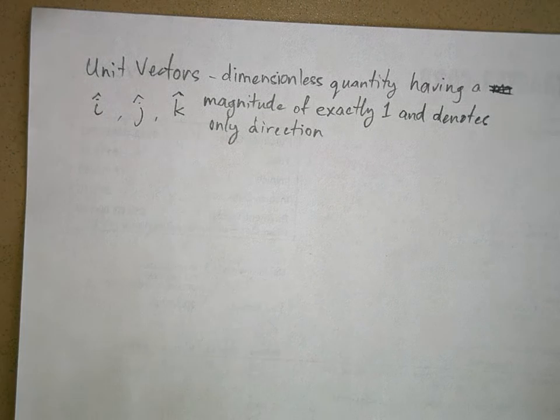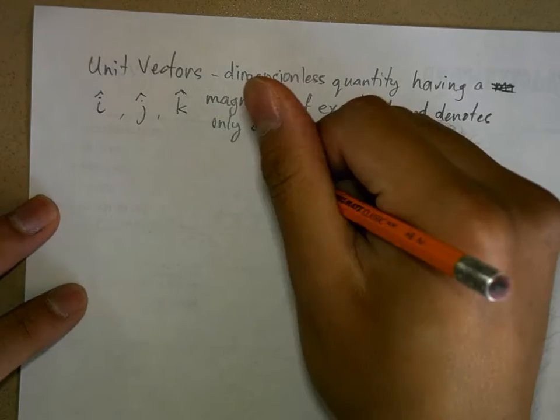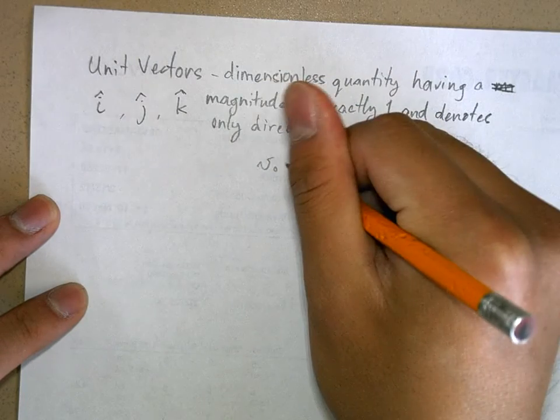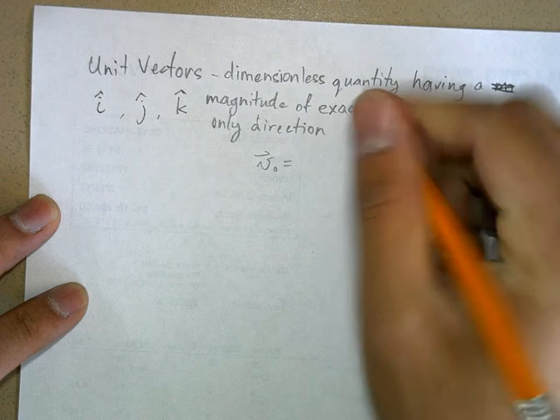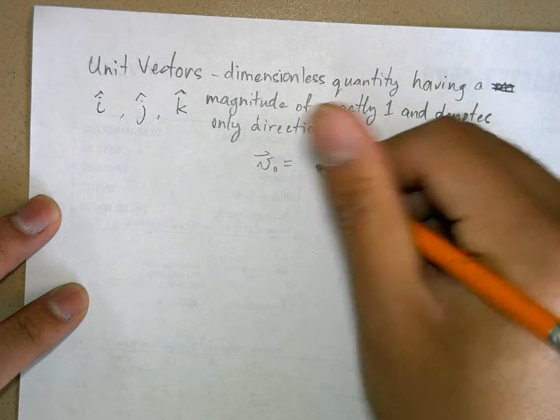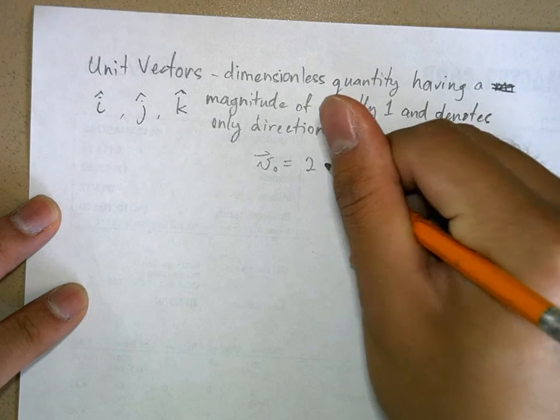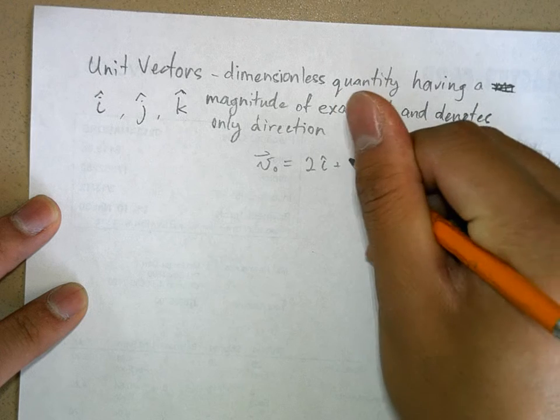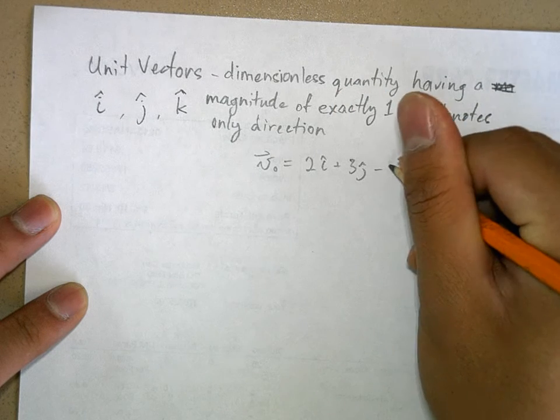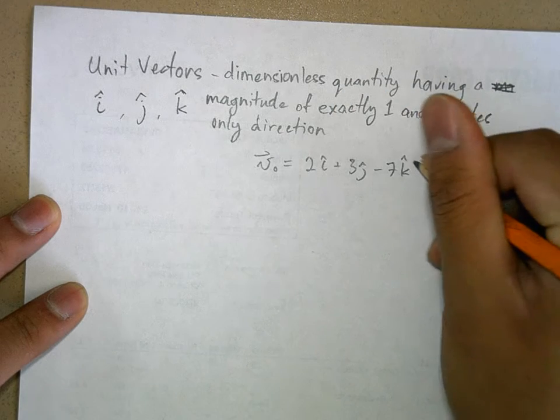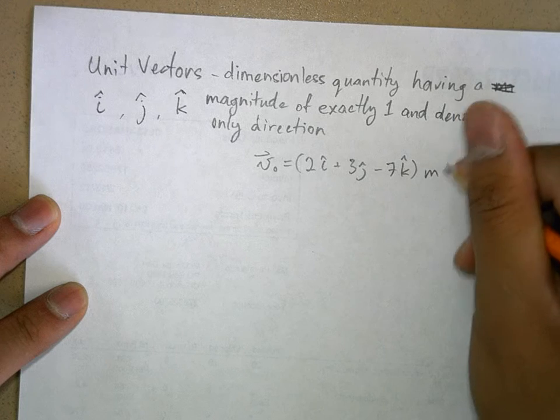So for example, let me just jump ahead so you see what I'm saying. I can say like, okay, v naught, or the initial velocity, which is a vector, equals 2 in the i hat plus 3 in the j hat minus 7 in the k hat, and then I say meters per second.